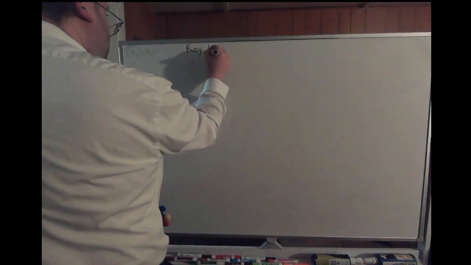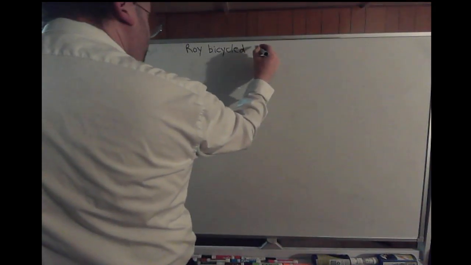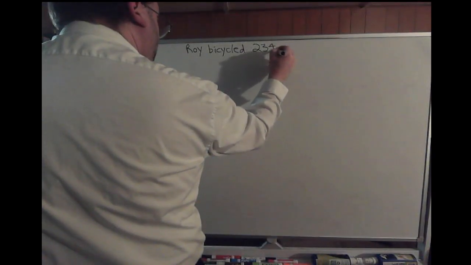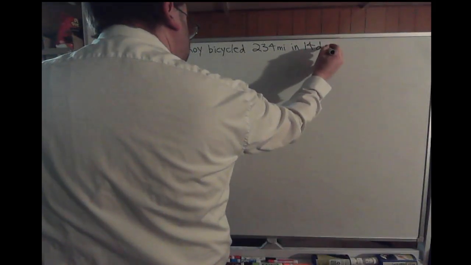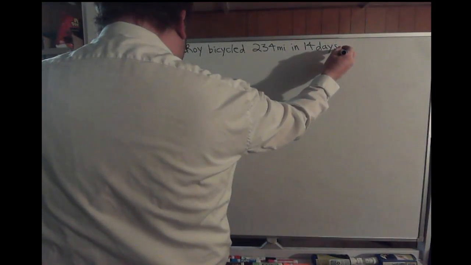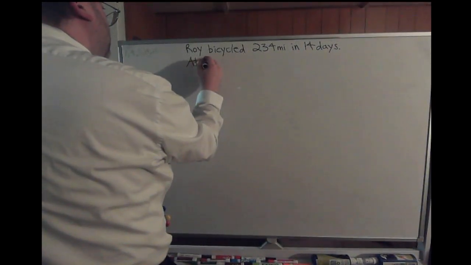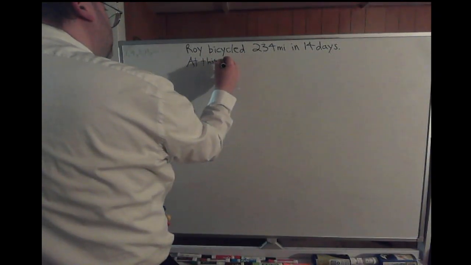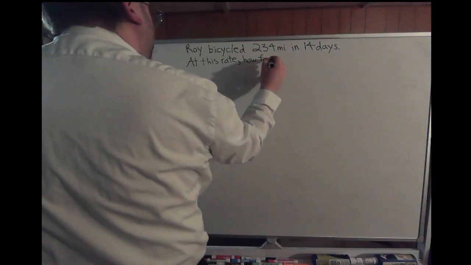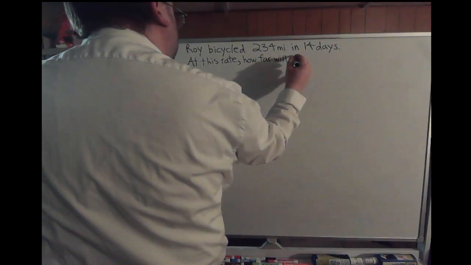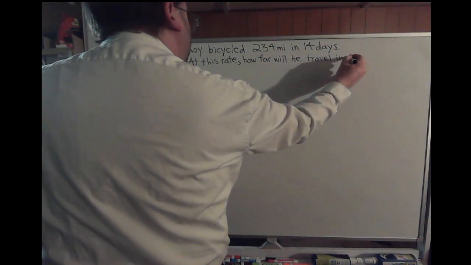Roy bicycled 234 miles in 14 days. At this rate, how far will he travel in 42 days?